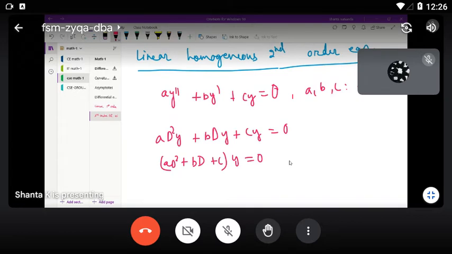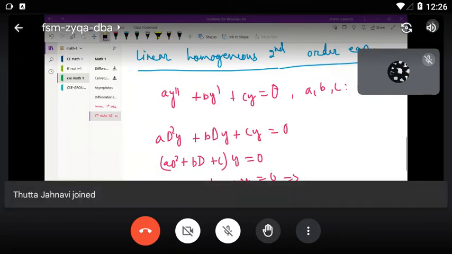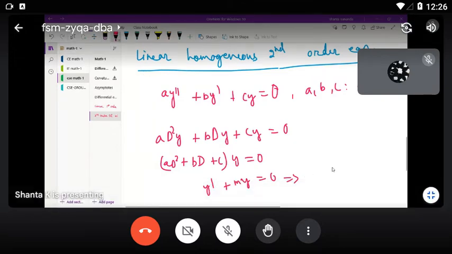When we talk about the solution, we will have some natural form. For the first order equation, when we have y dash plus my equals to 0, we have the solution y equals to something plus c.